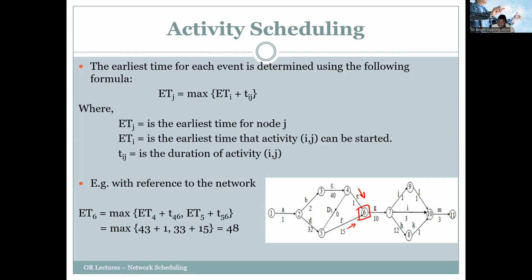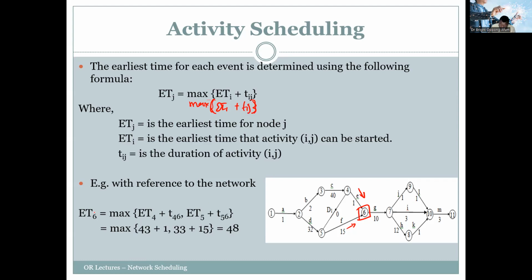So what we do is calculate the earliest time for each path and pick the largest value, and we slot it in as the earliest time. The earliest time is the max of the earliest time of the preceding node plus the activity coming in on that node.